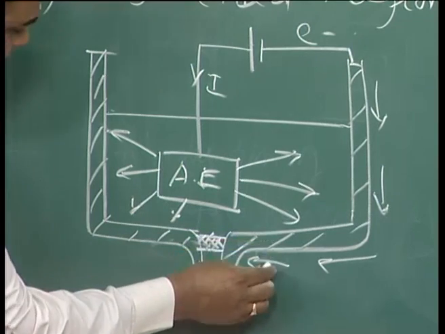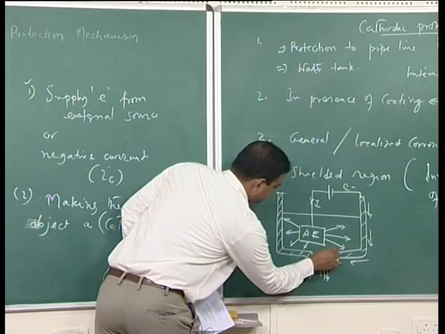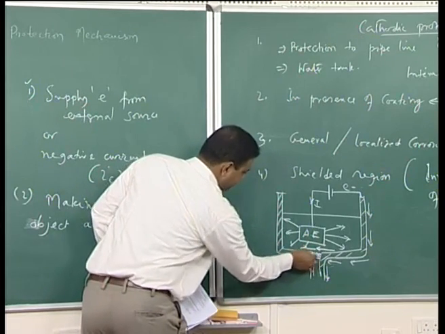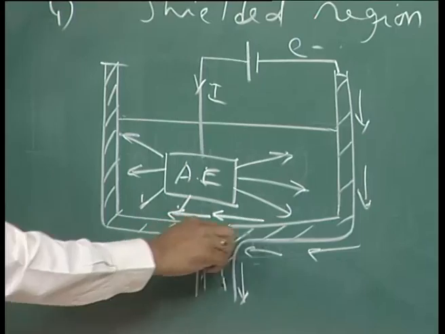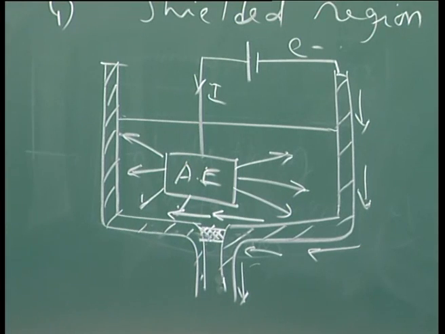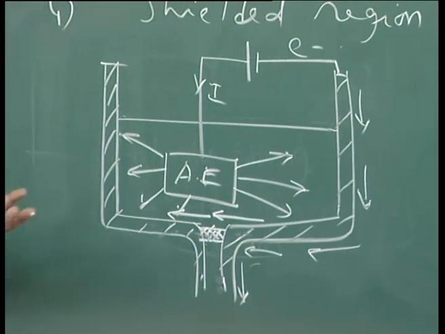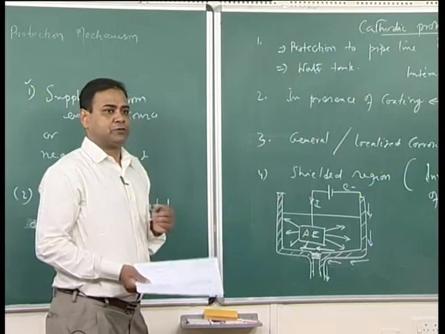So, electrons will come to this other section through this stopper. So, what happens? Wherever electrons flow, that part will be cathode. Wherever electrons do not flow, that part cannot be part of the cathode.